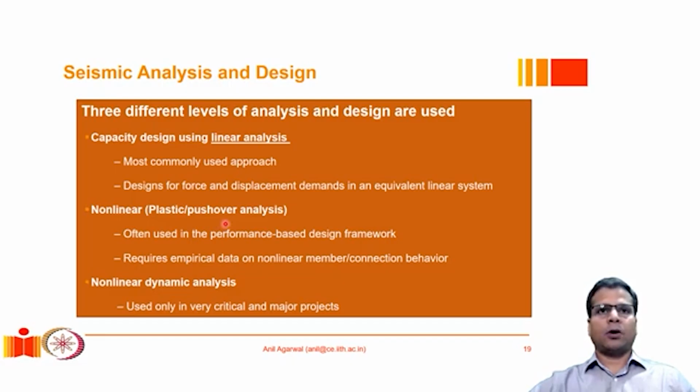So let's say for a column, if it is going to form a hinge, or if it is going to form a hinge in a beam, we would require the M-phi moment curvature relationship for that hinge, or the moment rotation relationship for that hinge. If our moment relationship is not accurate, then our model prediction will not be accurate. This approach could be utilized to assess the overall performance of the structure for a given earthquake.